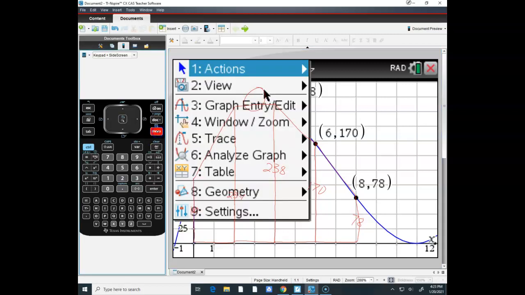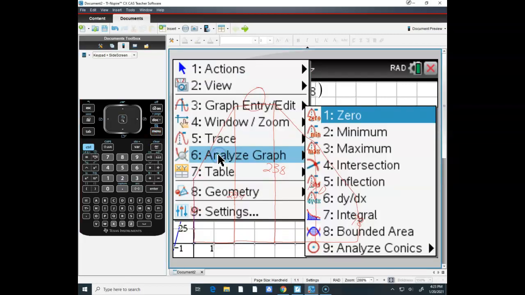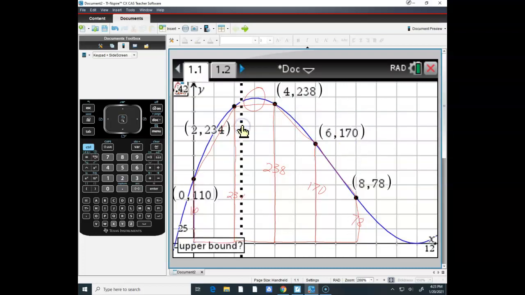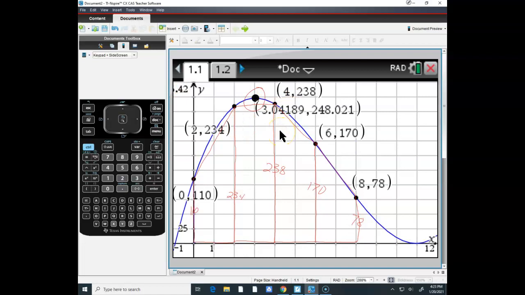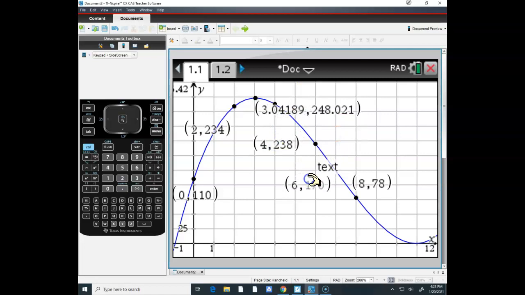So what I'm going to do is tell the calculator to please analyze that graph and find that maximum from there to there. And her maximum was right there. Now I'm going to grab my eraser, get rid of all this red, and I'm going to move this point down here and this point down here.